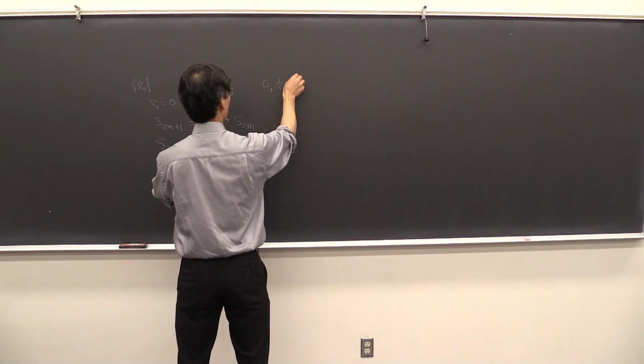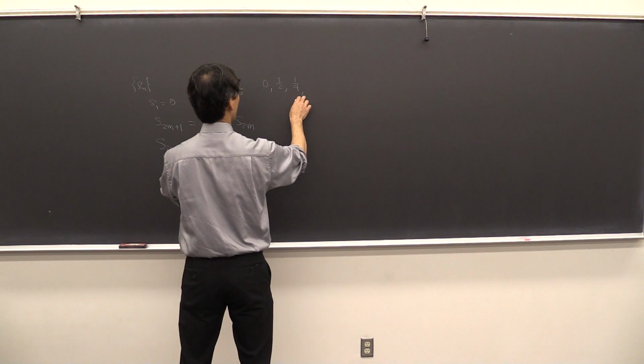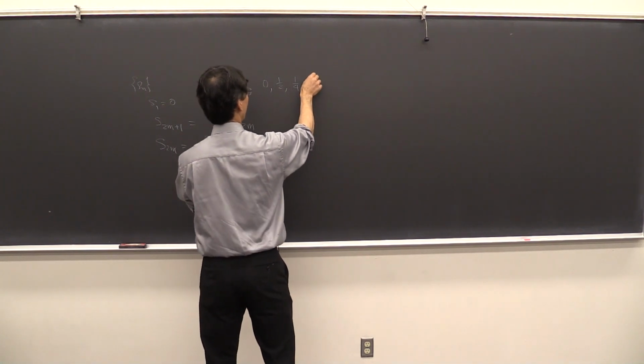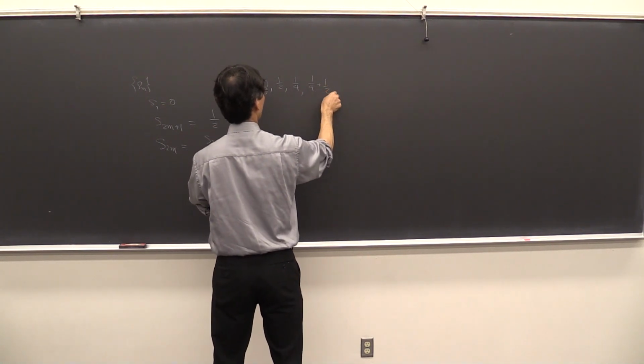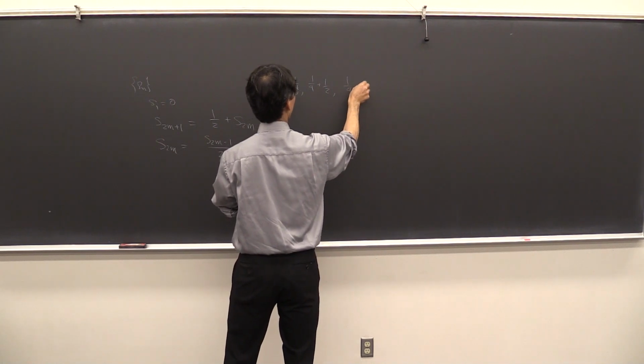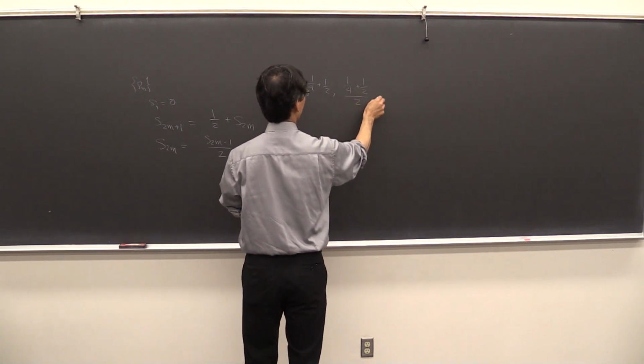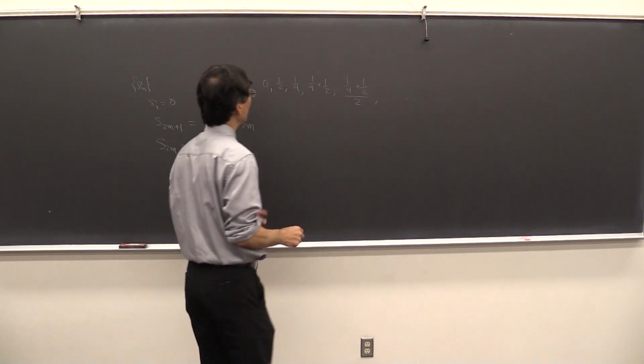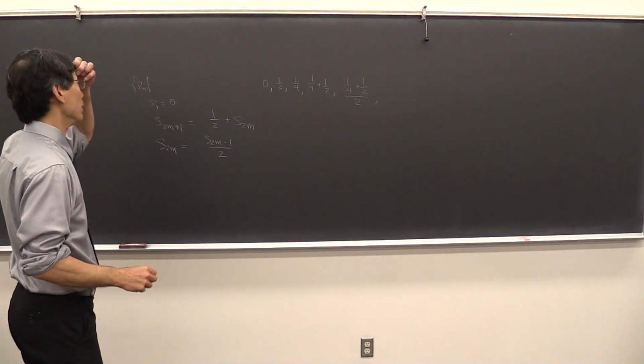And then the even guys, you take the previous guy and you divide by 2. It says find the upper and lower limits of the sequence. So for the odd guys, you add on a half, and for the even guys, you divide by 2, and so on and so forth.